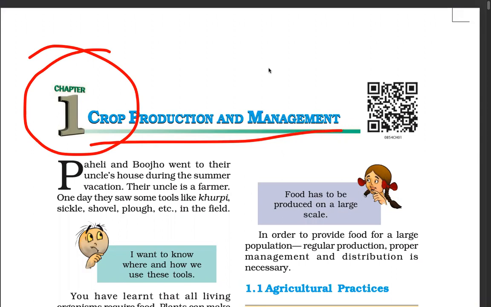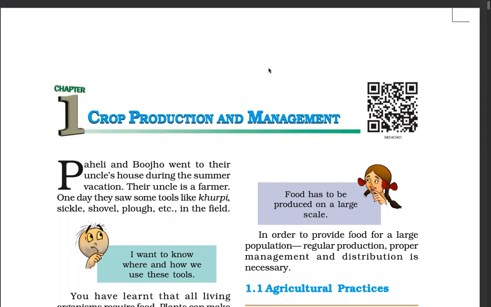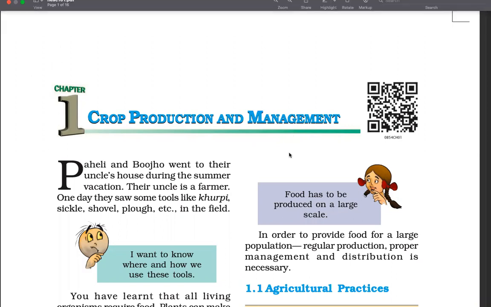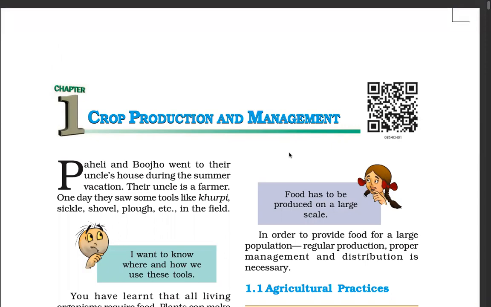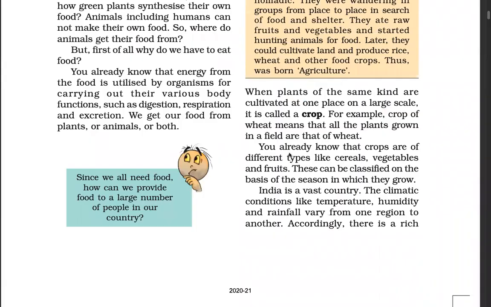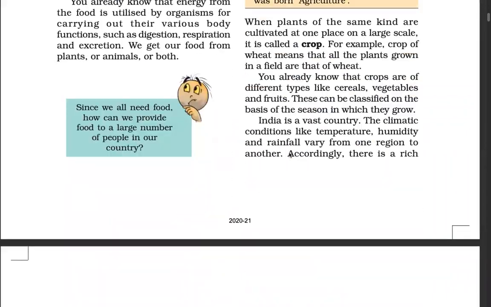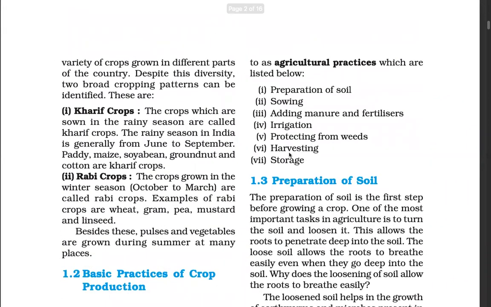Okay, so guys, in our before videos, in part 1 and part 2, we all read about agricultural practices, right? We had crops, kharif crops, rabi crops, and agricultural practices.